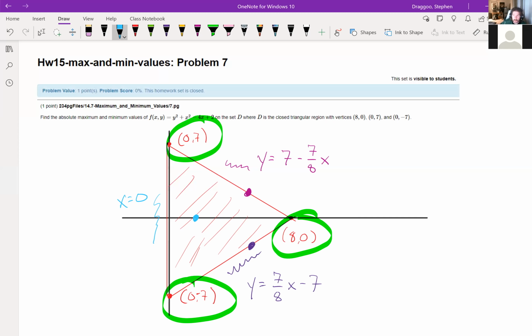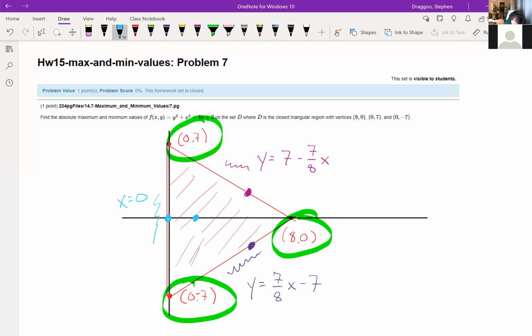So on this particular problem, when we're checking for the maximums and minimums, we just have to look at all 6 or maybe 7 points that we end up finding. We end up finding one true critical point. We find either 2 or 3 critical points that are on the boundary. Yeah, there is in fact a critical point right here.